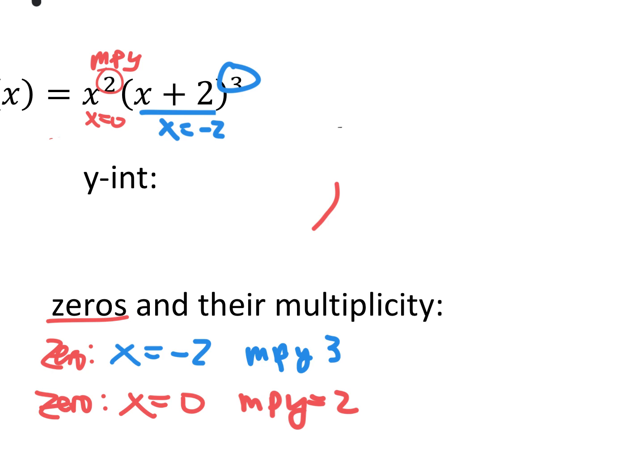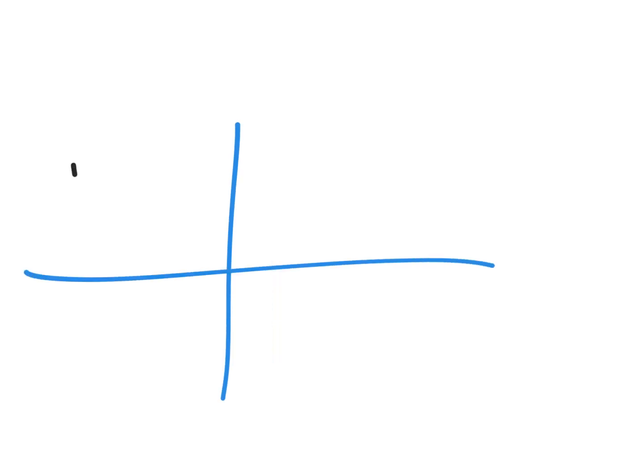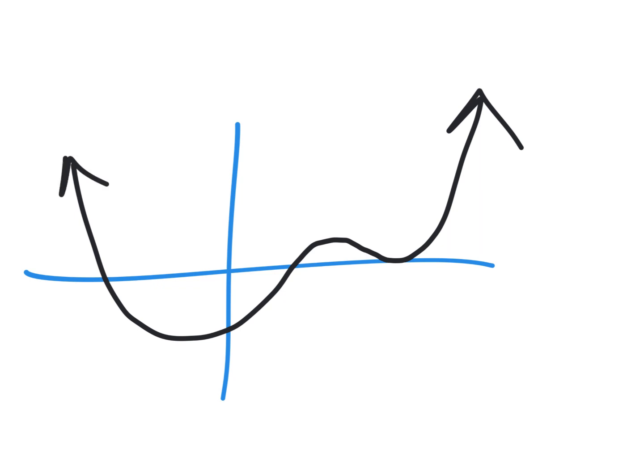Now, a quick reminder of what they do. The even kind bounce and the odd kind pass through. Do you remember doing this in higher algebra? I know you had it in higher algebra. Whether you remember it is the question. You remember this deal where sometimes they'd pass right through.